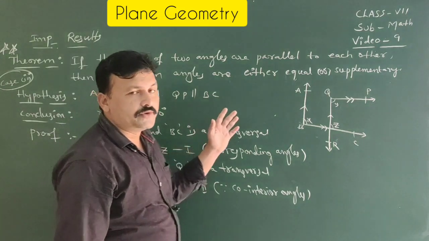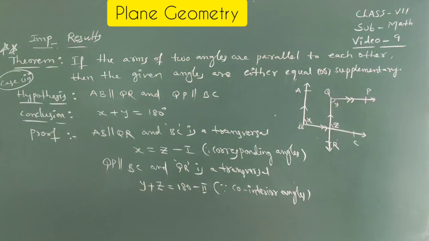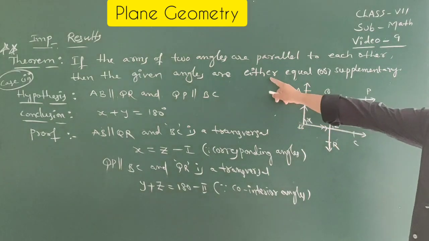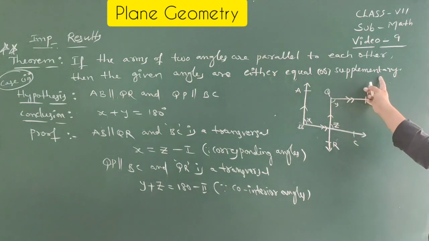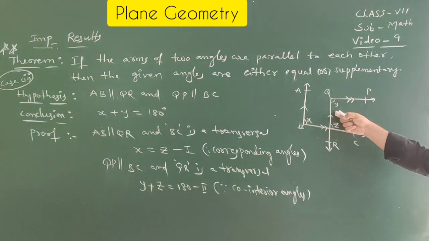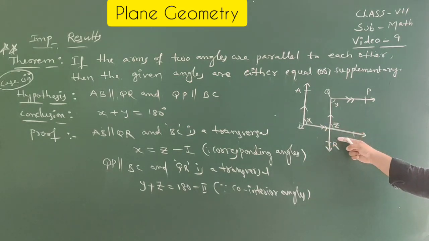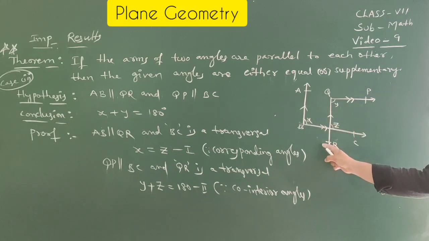If the arms of two angles are parallel to each other, in the first case they are equal. We need to prove either equal or supplementary. In one case they are equal, in another case they are supplementary. Now we are doing the supplementary case. Here AB and QR are parallel lines and BC is a transversal, so X equals Z, corresponding angles. Now PQ is parallel to BC and QR is a transversal.